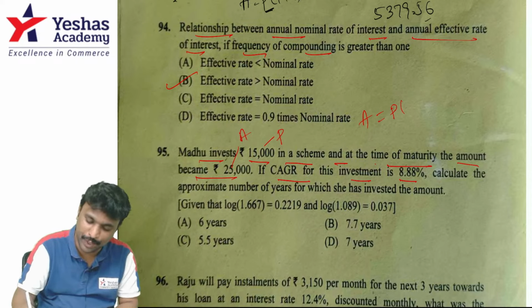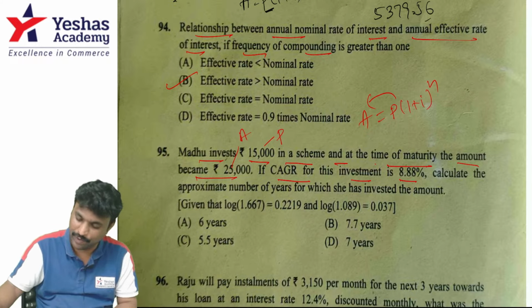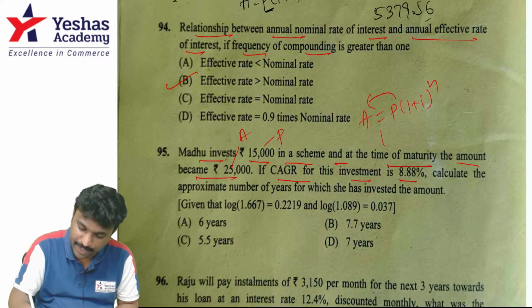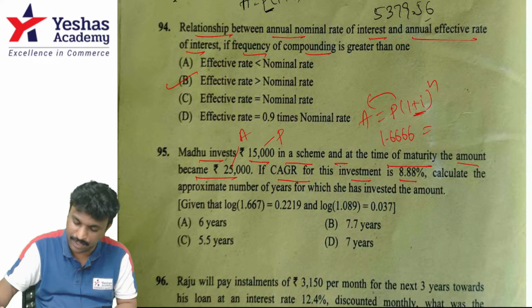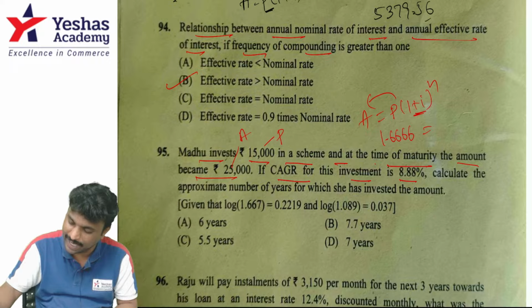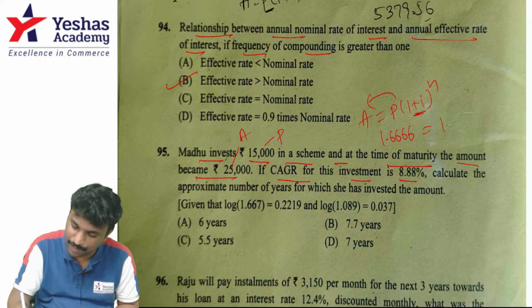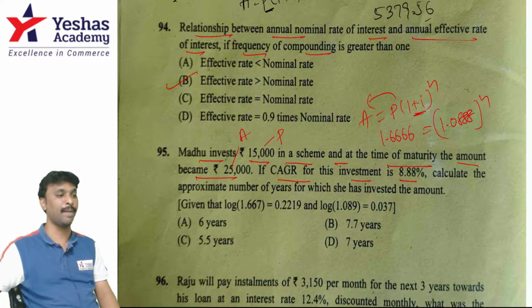A is equal to P into 1 plus I whole power n. A and P both are given. So 25,000 divided by 15,000 gives me 1.6666. Now 1 plus I, what is I? 8.88%. That gives me 1.0888 power n. Now where is n? n is among the options.